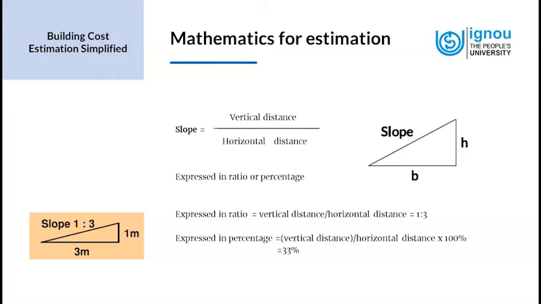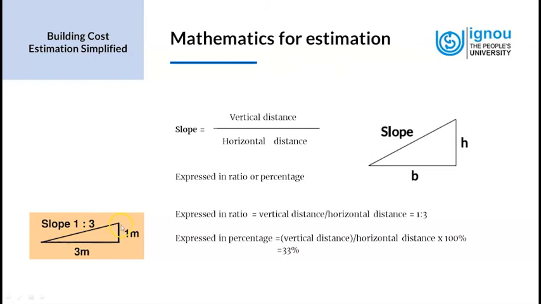So usually the slope is represented as the ratio of vertical distance by horizontal distance. For example, if we have to climb 1 meter in height and we have to travel 30 meters for it, the slope would be 1 by 30. For every 1 meter climb, the person will have to travel a 30 meter horizontal distance. It is represented either as a ratio or as a percentage.